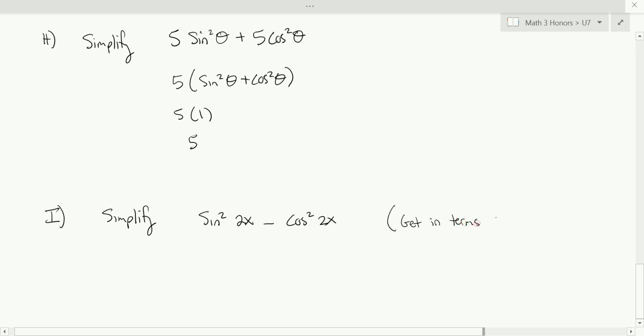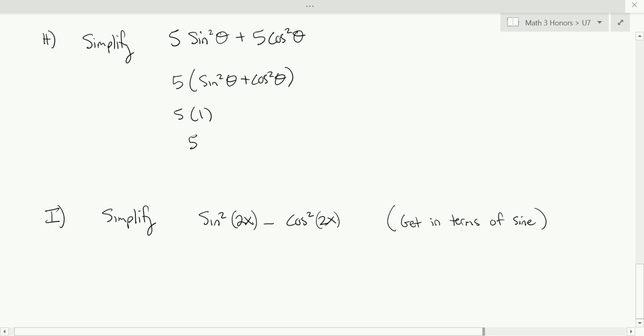In other words, get rid of the cosine. Now notice the angle is not theta. Angle's changed to 2x, but don't let that bother you. It's just an angle. The angles don't change right now. We'll change them later, but in the basic trig functions, they're just going to stay what they are.